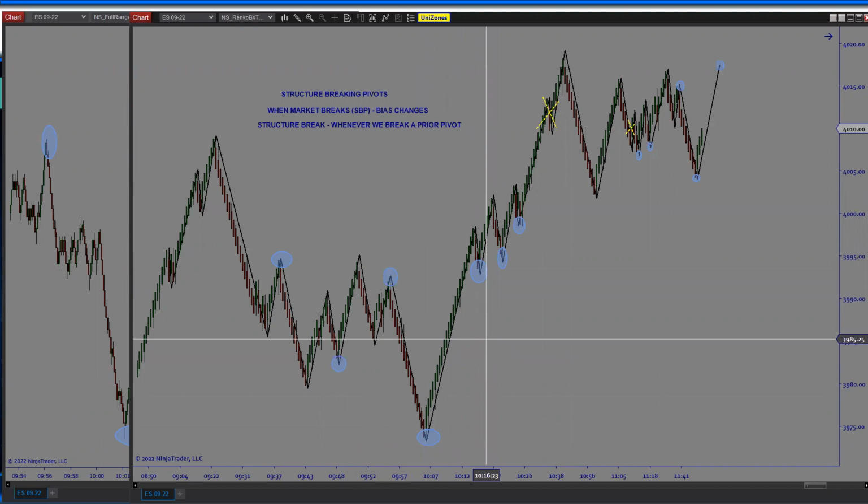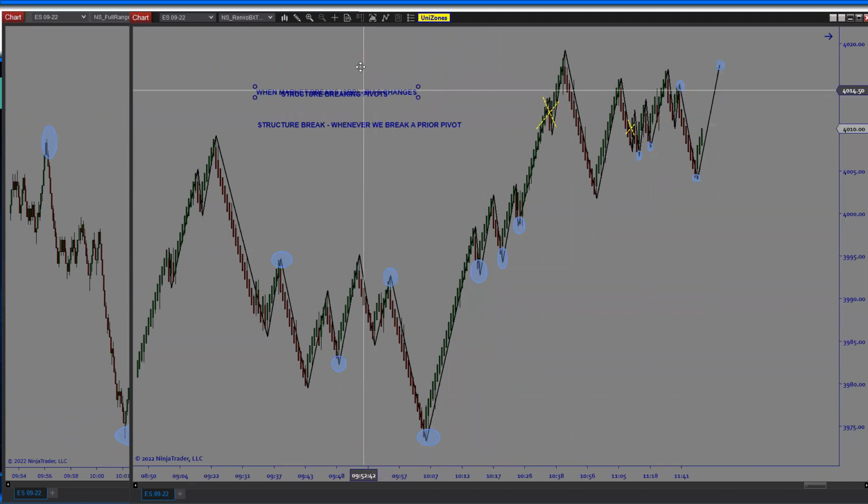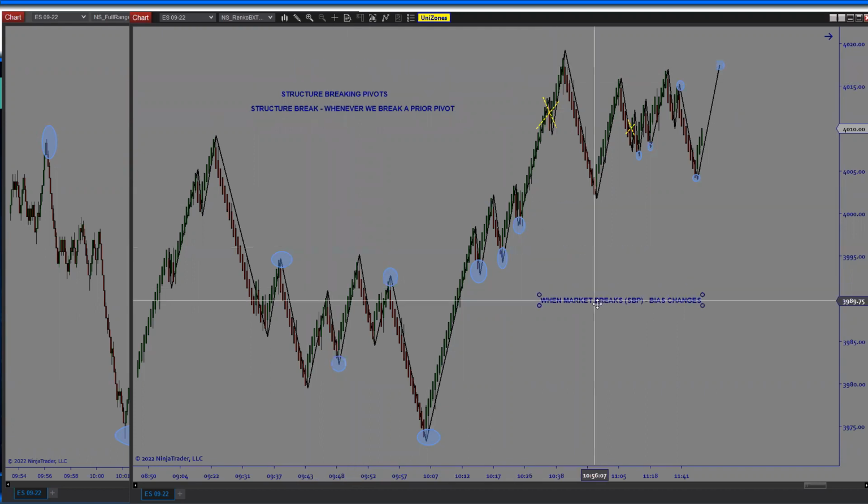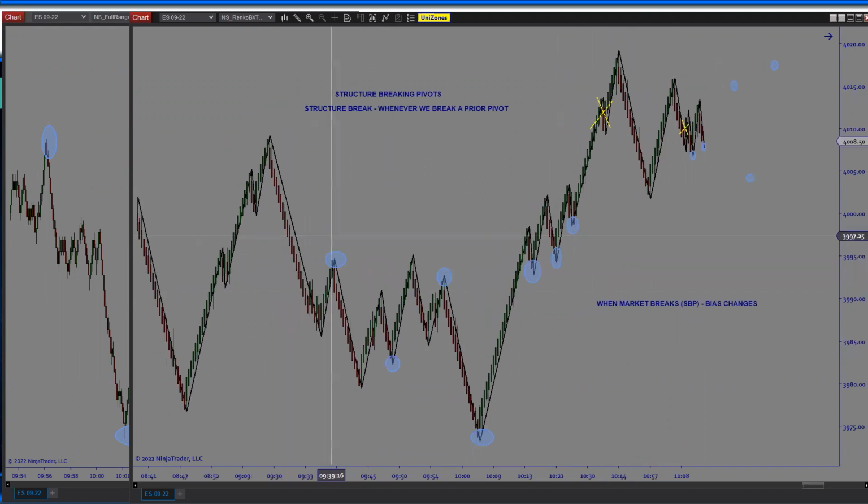But our bias only changes, and this is the important thing, I'm going to move that down here because it's important, when the market breaks a structure breaking pivot. That's the only time our bias changes. So what this means is that at this point in time, at 9:40, our bias was to the downside because we were making lower lows.